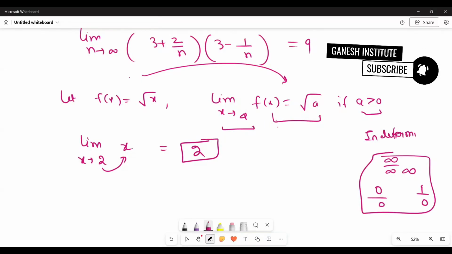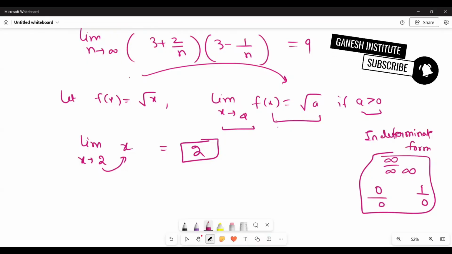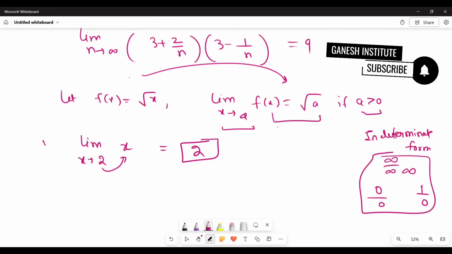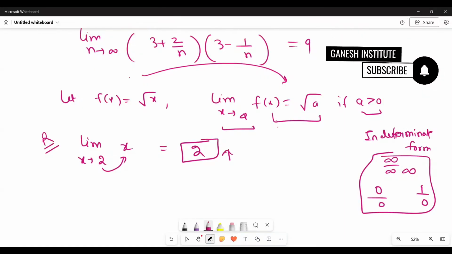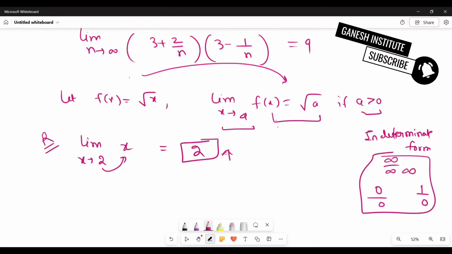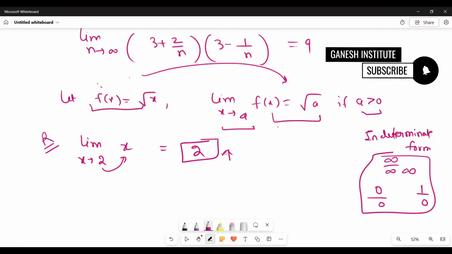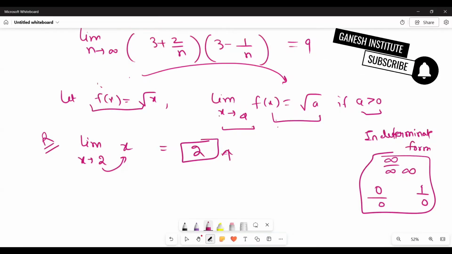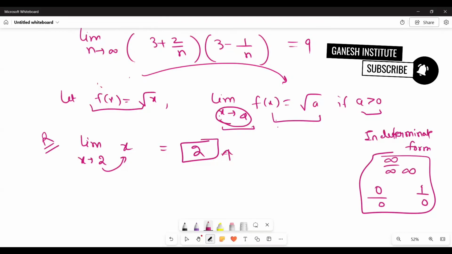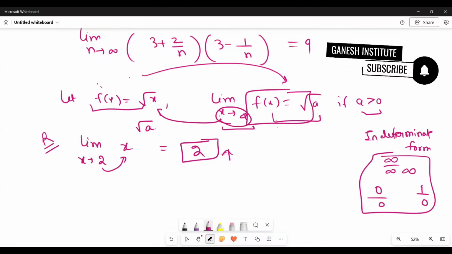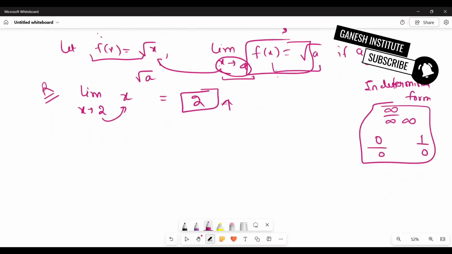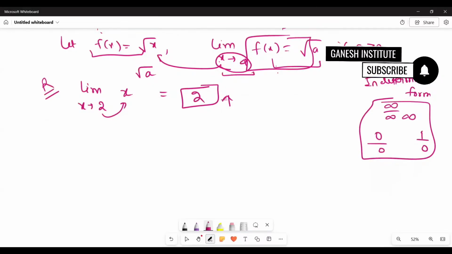So if I'm getting an answer which is justified and within the range of real numbers, then I simply put down the value and get the answer. If f(x) is root x, and x is tending to a, I can simply put down the value and I'll get root a, right? Yeah, because it is not giving me any infinite form.